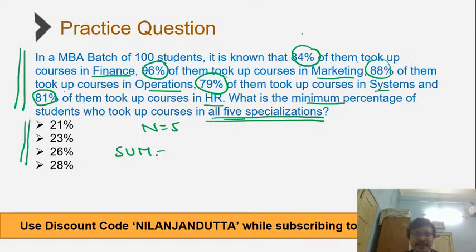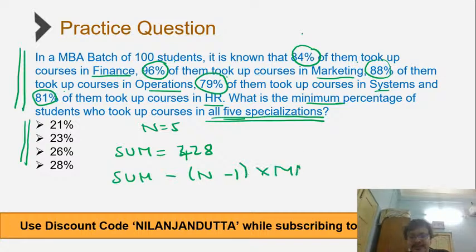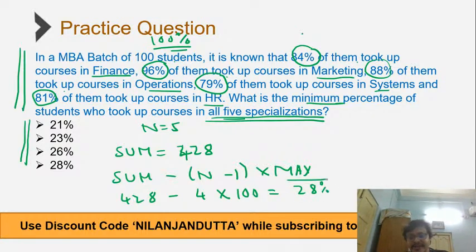That comes out to be 428. So what will be the answer? Sum minus n minus 1 into max. The max percentage of students can be 100%. So it will be 428 minus 5 minus 1, that is 4, into 100, which is 28%. Hence the answer is indeed going to be option D.